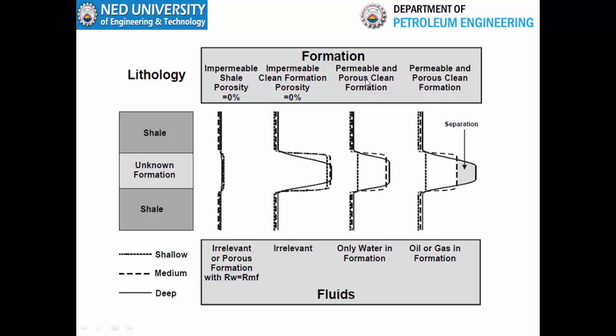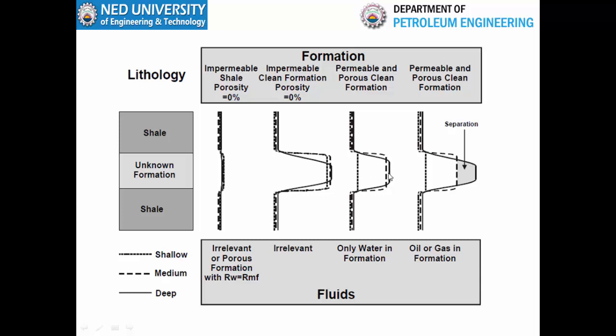Let's assume the third case, when the unknown formation is permeable and porous. When you have a permeable and porous formation, you will have separation. The shallowest resistivity log will give you lower resistivity, and the deep zone will give you some other resistivity.